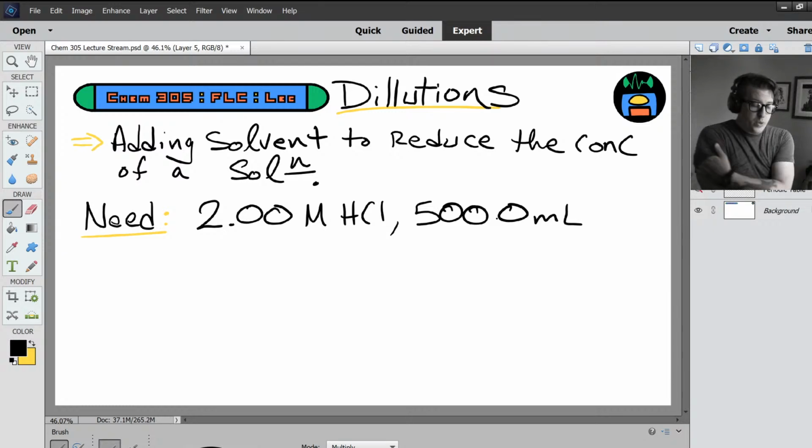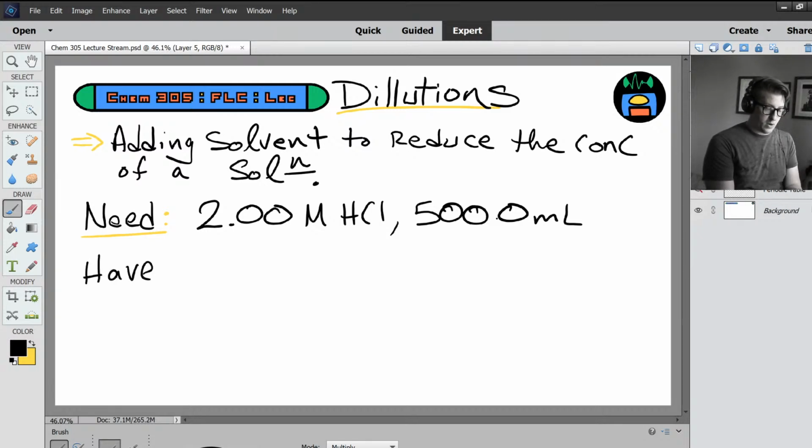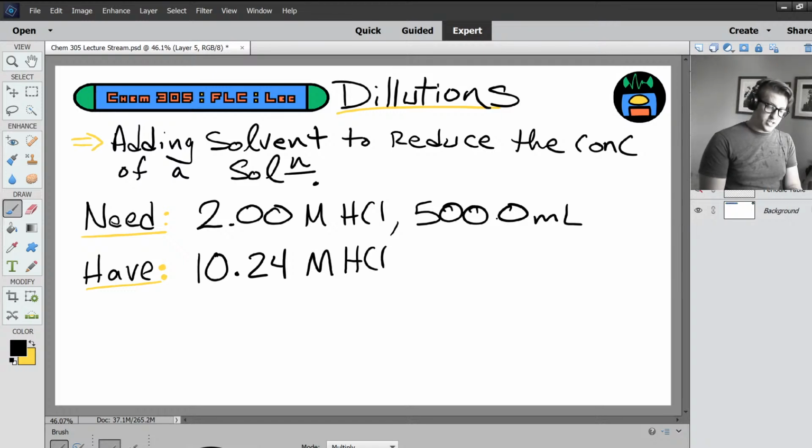Now, the stockroom does not have 2 molar HCl in the back room. We don't have that stocked in the stockroom. What we do have is concentrated HCl, which is 10.24 molar HCl.